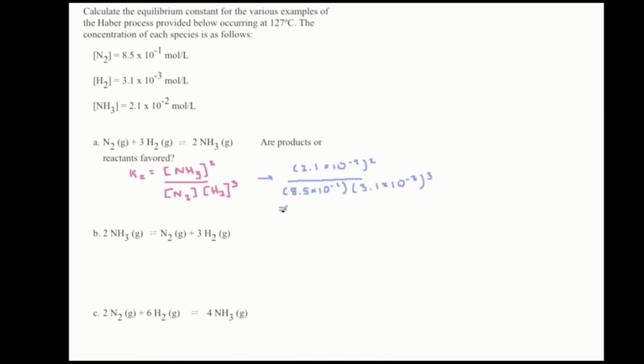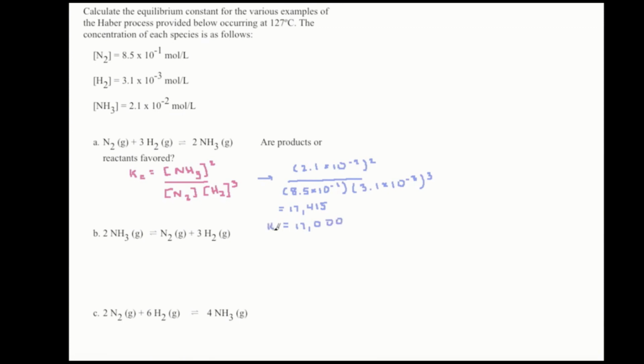And so what I end up getting for my Kc is that it equals 17,415. Okay, so I'm going to round this to the correct number of sig figs. I'm going to just say 17,000 is what my Kc equals.